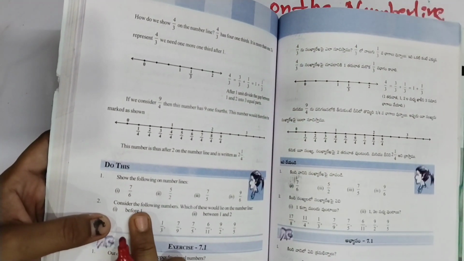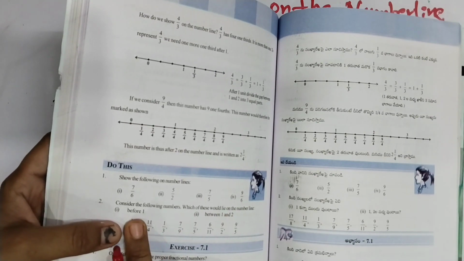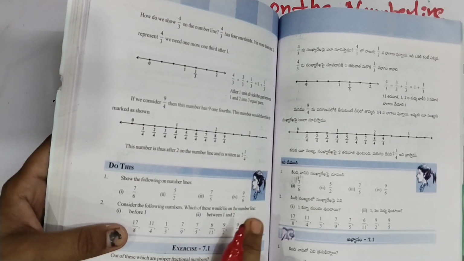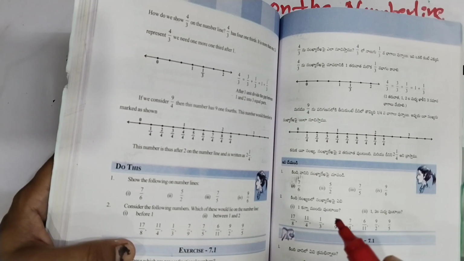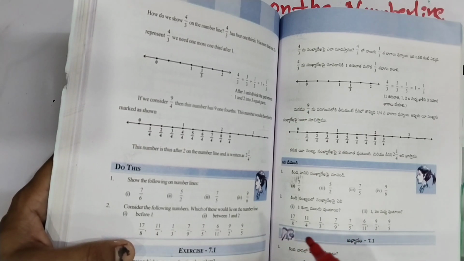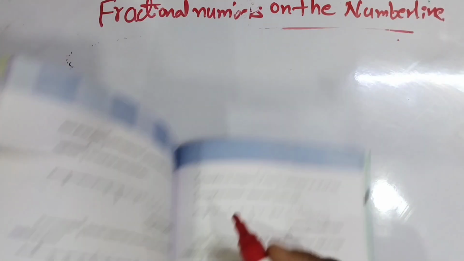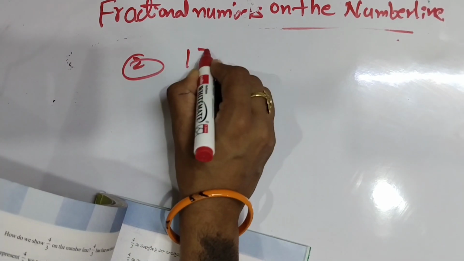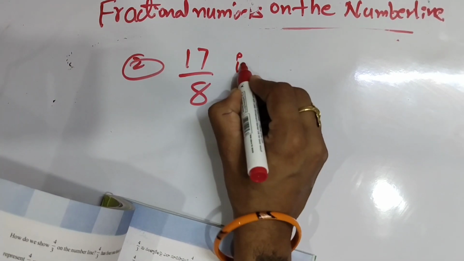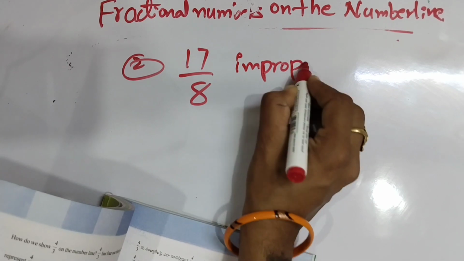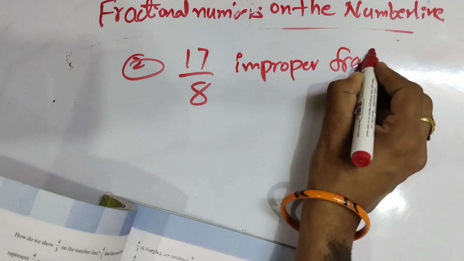Next, consider the following numbers. Which of these would lie on the number line before 1, or between 1 and 2? So we are just going to decide before 1 or in between 1 and 2. First, 17 by 8. This is an improper fraction.